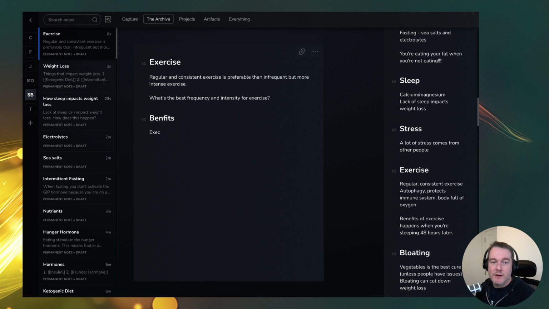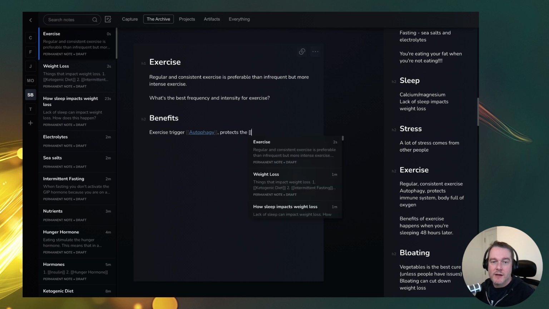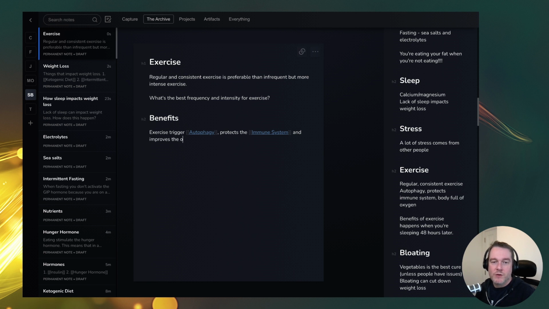Exercise triggers autophagy, protects the immune system, and improves the oxygen level in the body.